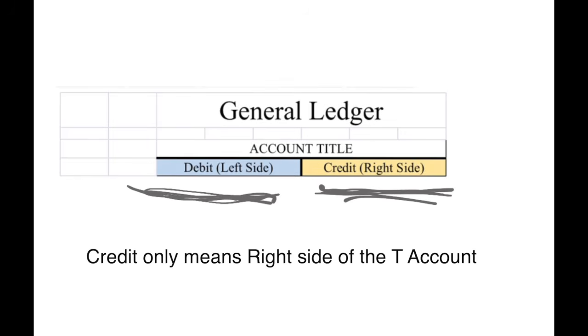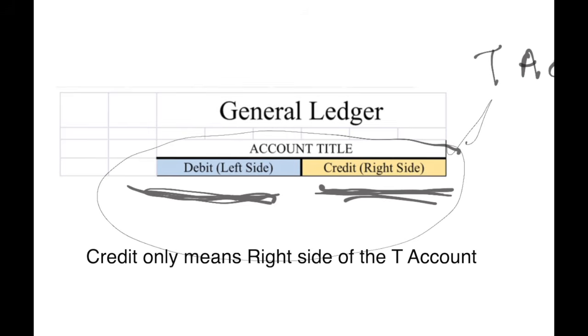Basically, in accounting, credit just simply means the right side of the ledger, okay? And so this example is called, you're going to hear that word a lot, a T account. So every account, whether it's cash, accounts receivable, common stock, all has its separate T account within the ledger.